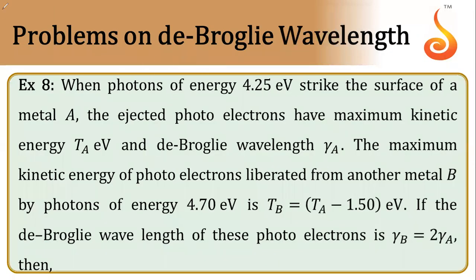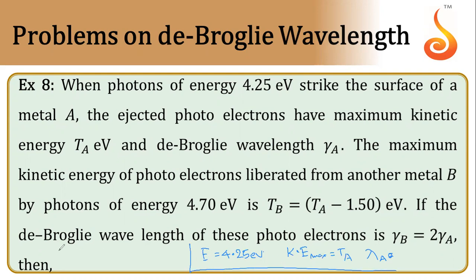So when photons of energy, they have given the energy of the photon as 4.25 electron volt, strike the surface of metal A, the ejected photoelectrons have maximum kinetic energy Ta electron volts and de Broglie wavelength lambda A. This is for the first case.